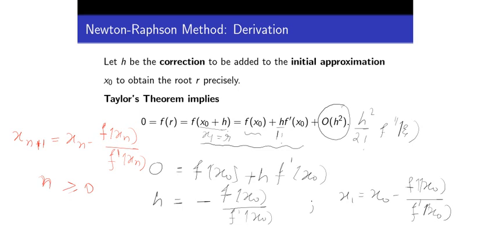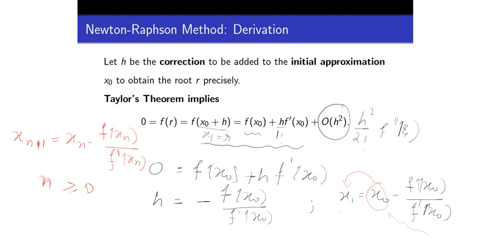So this is how this method is derived. Your initial approximation is x naught, and you get the new approximation x1 by making the correction. Then you start with x1 in the next step, replacing n equals 1: x2 equals x1 minus f of x1 divided by f dash of x1, and so on.